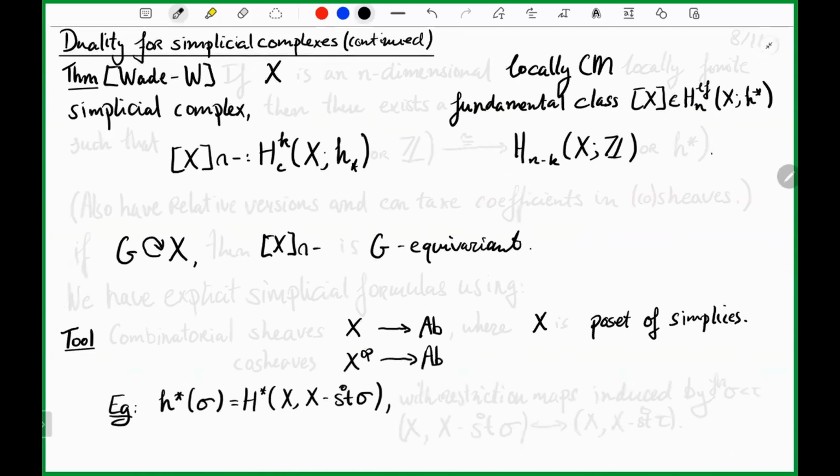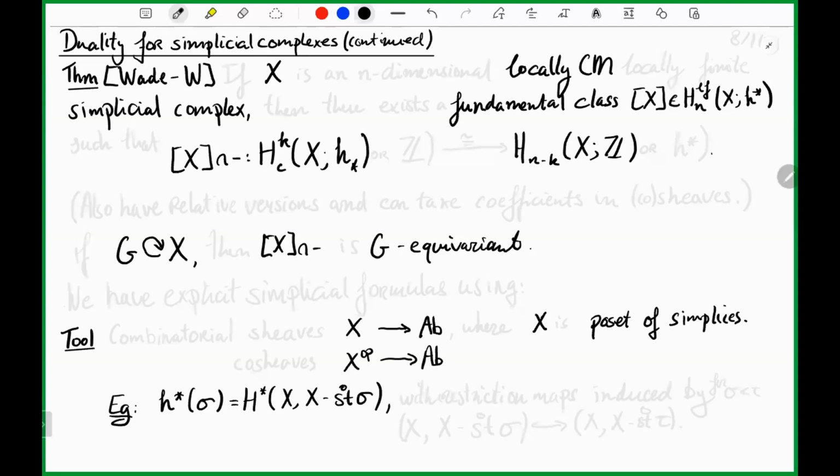This has a bit of a long history. There's work of Zeeman and McCrory from way back in the 60s and 70s that also studied generalizations of duality, and they got very close to writing down a result like this.